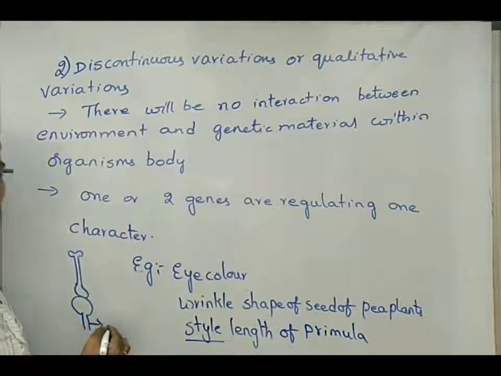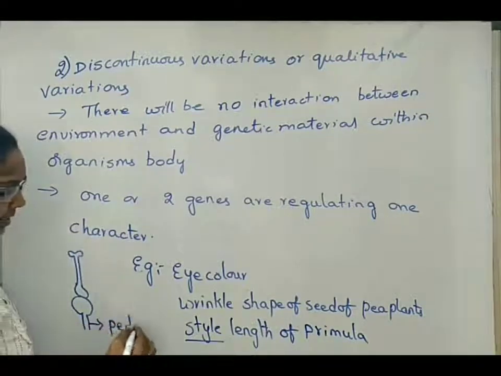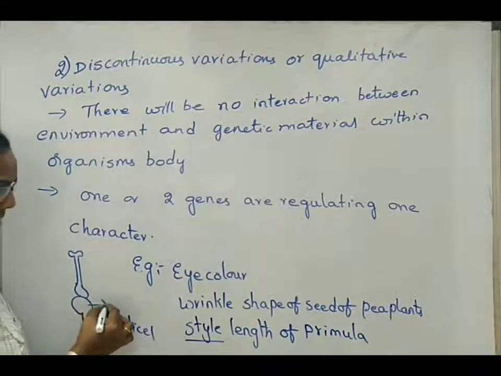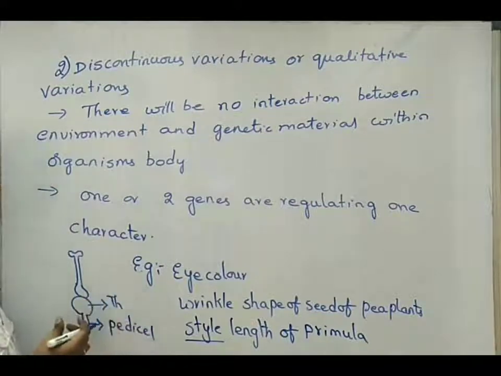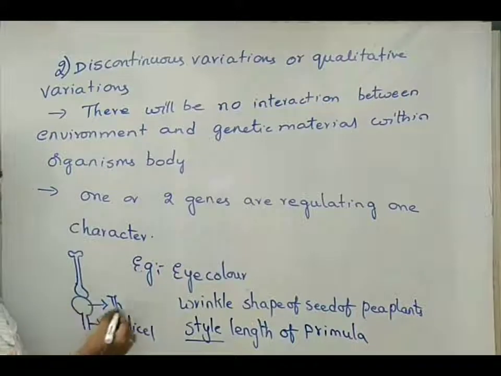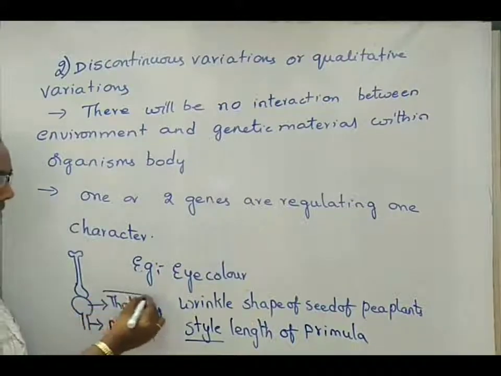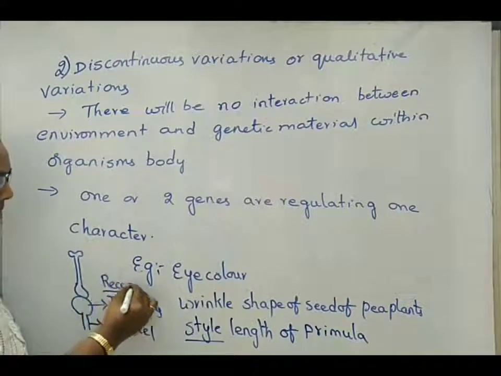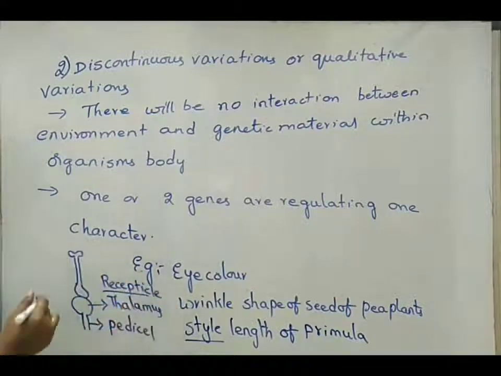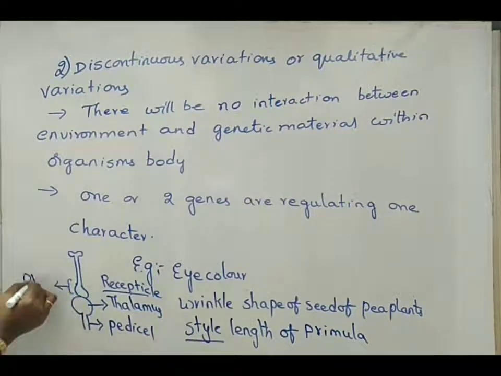So the stalk of a flower is called pedicel. Now the structure which is present just above the pedicel is called thalamus. This is also called as receptacle. Now this part up to here is called as ovary.